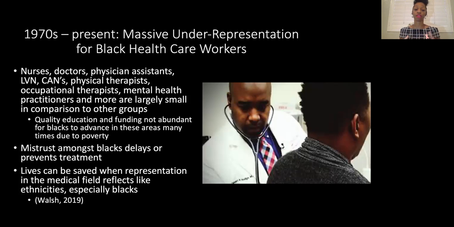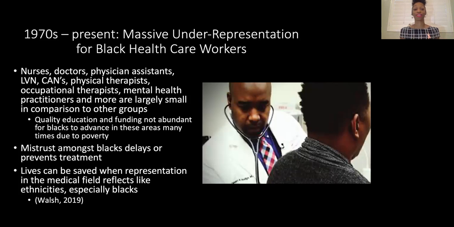So instead we have an overrepresentation in trades and blue collar workers for Black Americans and a massive underrepresentation in white collar and healthcare careers, which would directly impact us as a community in helping to solve that divide and curb that disparity rate for Black, white, and Asian differences in healthcare.